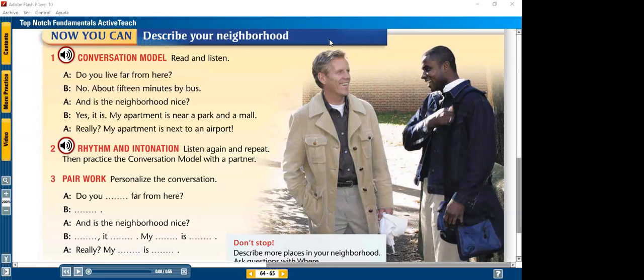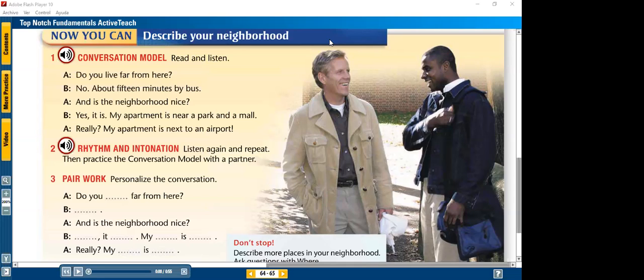Come on, number 6. Come on. Do you work far from here? Yes, about 14 minutes by train. Let's do it again. Hello? Profesor, yes, tell me. ¿Sí me escuchas?